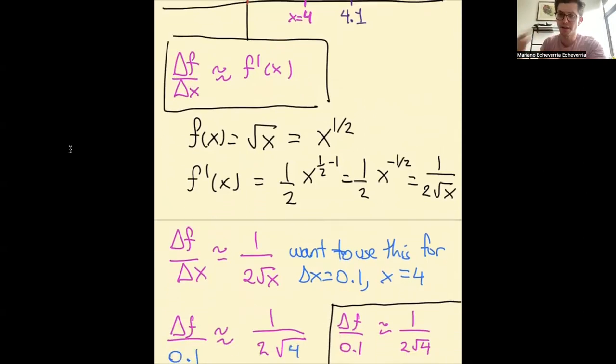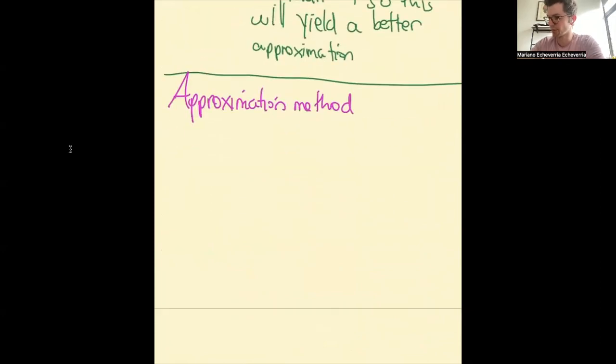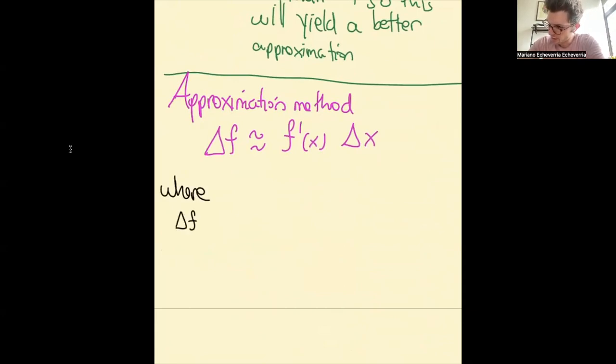So the way typically how you will see this is that delta f is approximated by f prime of x times delta x. It just looks nicer to have everything without fractions. So, where delta f is f of x plus delta x minus f of x.